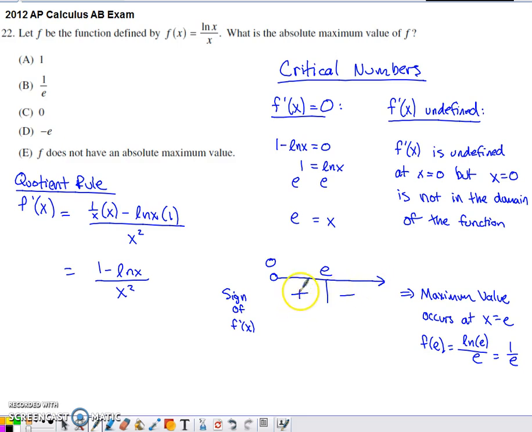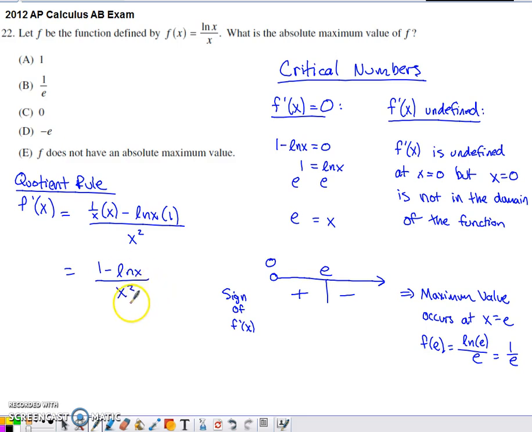And I check the sign of the derivative between 0 and e, which is about 2.7, right? So I can pick a value like 1, and when I put 1 in place of the x, I get 1 minus natural log of 1. Well, natural log of 1 is 0. So I get 1 divided by 1 squared, which is going to give me a positive result. When I take a value that's bigger than that, if I take anything over here, I can take 3, I can take 500. 1 minus the natural log of 500 is going to be a negative value.